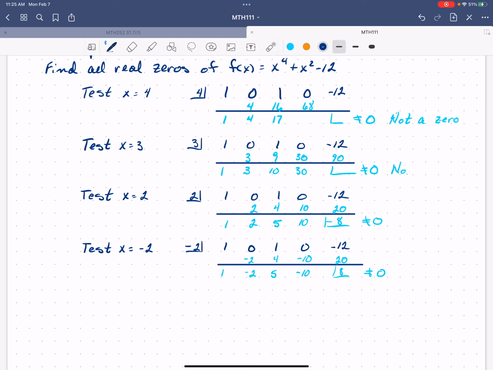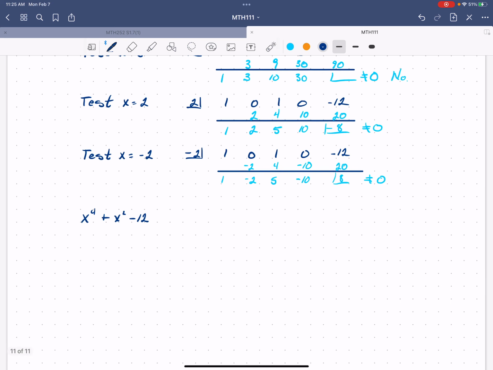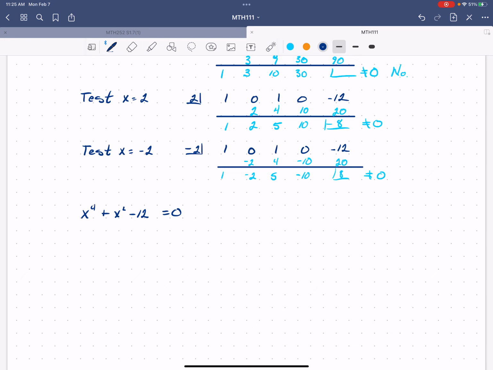I have x to the 4th plus x squared minus 12. And I'm trying to solve the fact that that equals 0. Now, let's go over here and think for a minute.